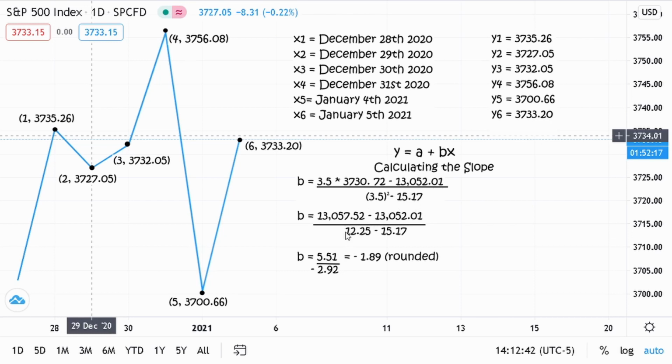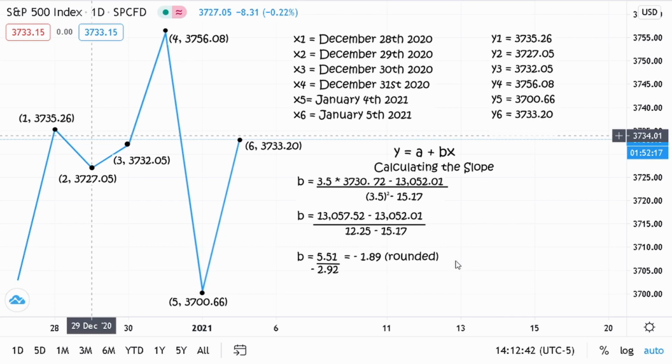The mean of x squared is 12.25, and the mean of all the x's squared is 15.17. Subtract them, and we get negative 2.92. So we're going to divide 5.51 by negative 2.92. That will get us negative 1.89. This is our slope for a linear regression line.